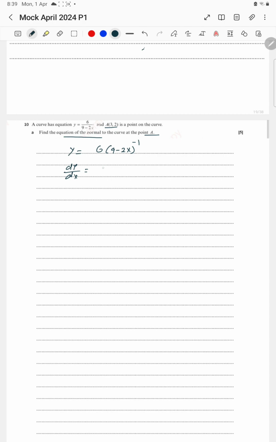It becomes plus 12 over (9 minus 2x) whole squared, applying the derivative rules. So at point A, that was (3, 2), we get gradient 12 by (9 minus 2 times 3) squared. Okay, let me solve it.